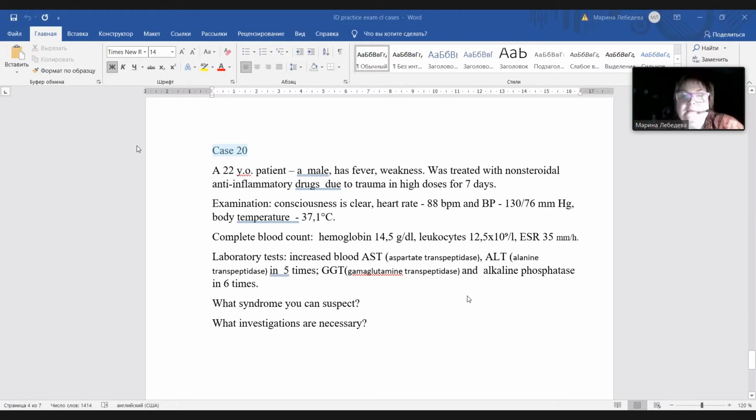The main syndromes are inflammation, cytolysis, and cholestasis. It is necessary to perform abdominal ultrasound and to monitor all laboratory tests. That will be enough, but the monitoring must be each day.